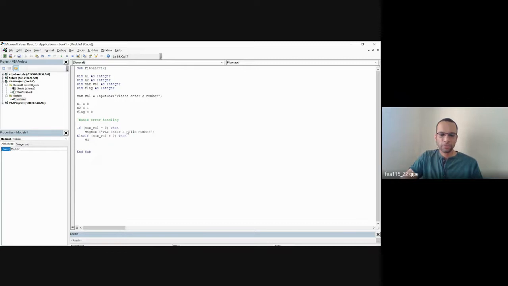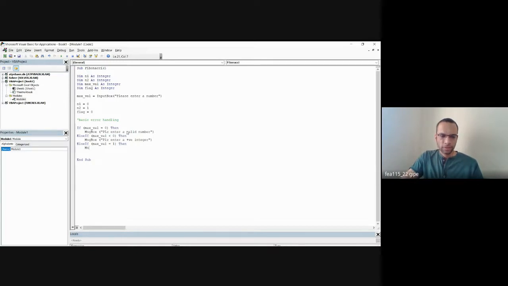Then I can have a message box which says, please enter a positive integer. Again, I can have another else if, max val equal to 1. Then I don't really have a separate series, I just have to output the first value.